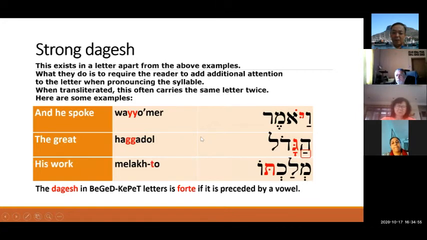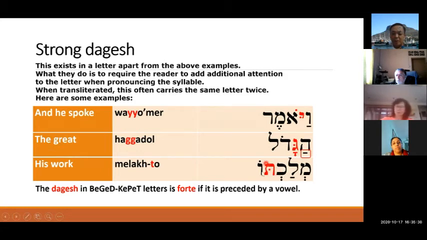Now another example is this malketo, which means his work. So you have melakhto, and the vowel before it is a vocal schwa here, right? It's a very short e vowel, reduced.